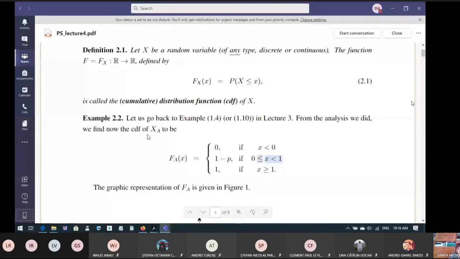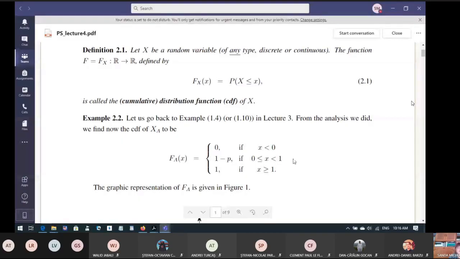Because now to find the CDF of that indicator random variable, we need to do the same thing. We need to compute this probability here. Just like back then, we only checked the fact that this event was in the sigma field, again, so that its probability was well defined. So recall, for x less than 0, this event was the empty set, or the impossible event. That means its probability is 0. Then for x between 0 and 1, and here we have to be careful where we include equality and where the inequality is strict.